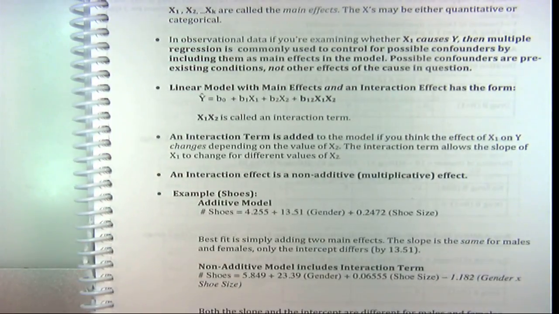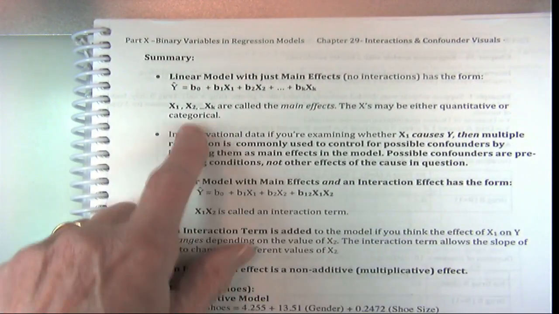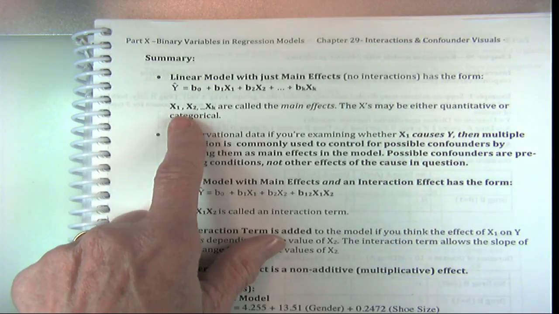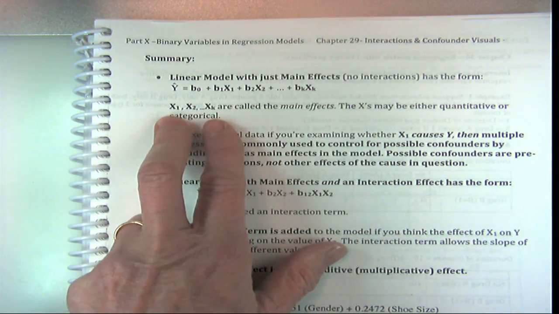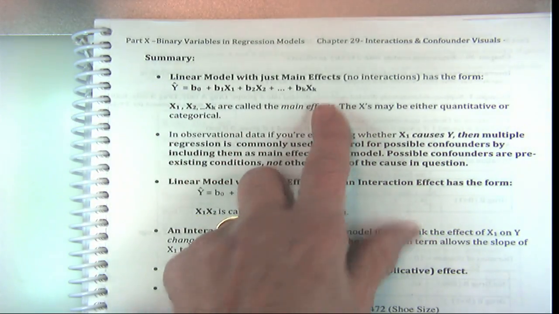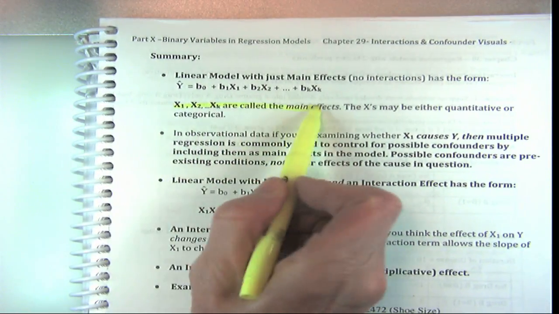So here's the summary on the next page. This is the end of chapter 29. A linear model with just main effects has no multiplicative terms, no interactions, and these terms can be categorical or quantitative. They're called the main effects.